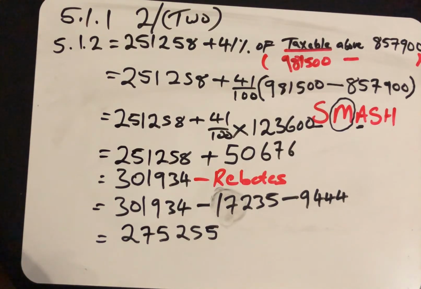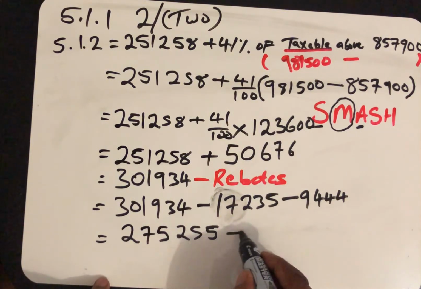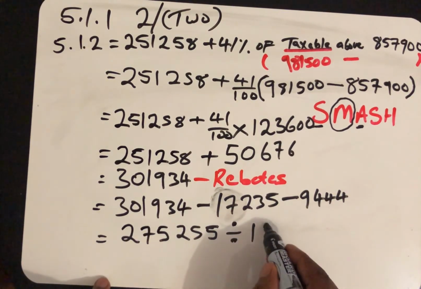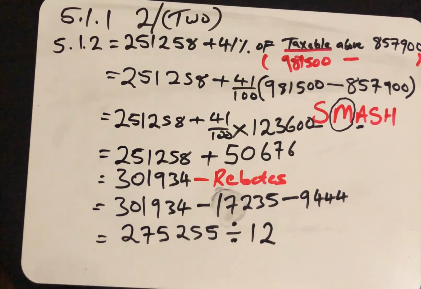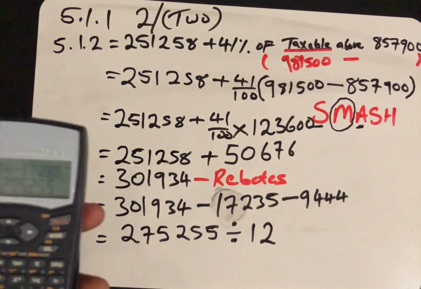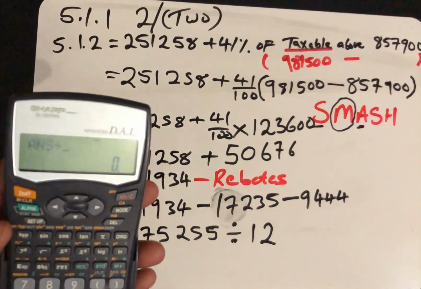But again, our question wants us to calculate the monthly tax payable. Because of the word monthly, we are now going to convert annually to what? To monthly. We just divide this by 12 to find our monthly taxable amount. So we just say this amount divided by 12.